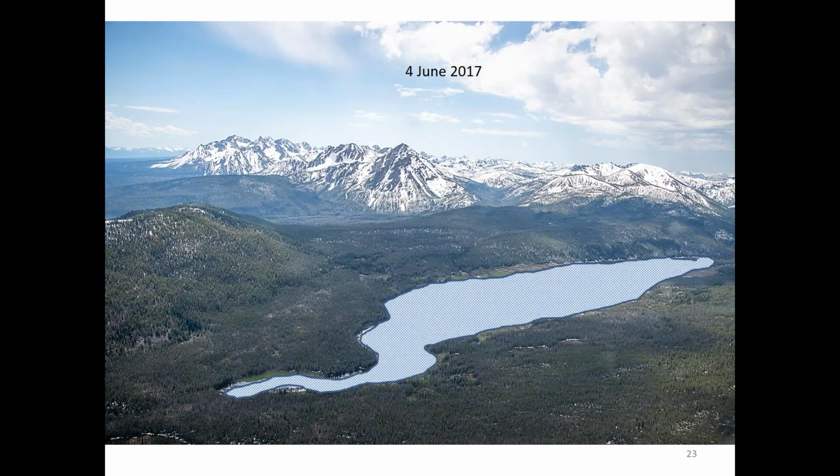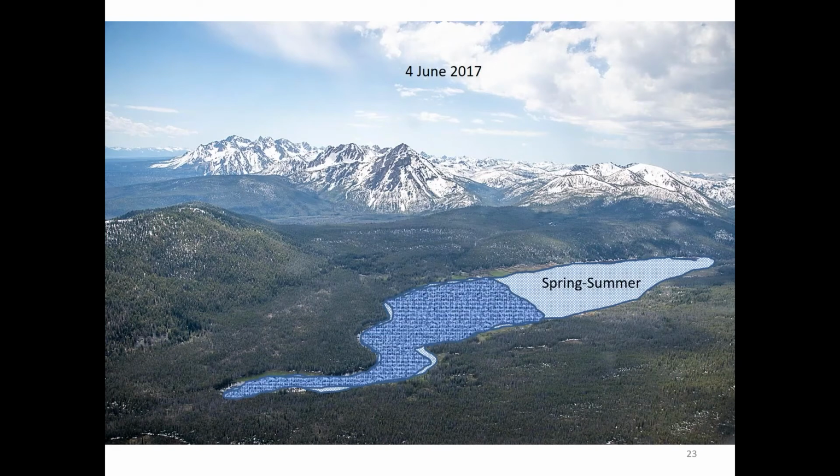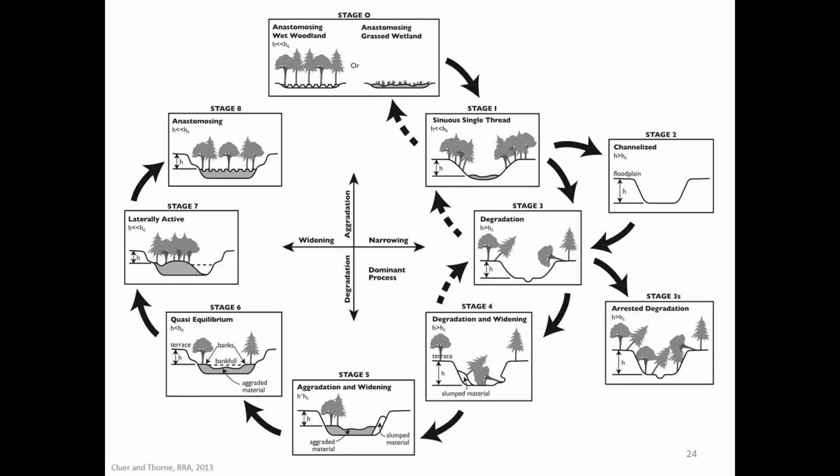So I've drawn these polygons to show you the inundation area in the wet season, spring and summer, and that relaxes down to a smaller area, but still a very substantial area. Probably a third to a half of the area stays inundated through summer and fall.